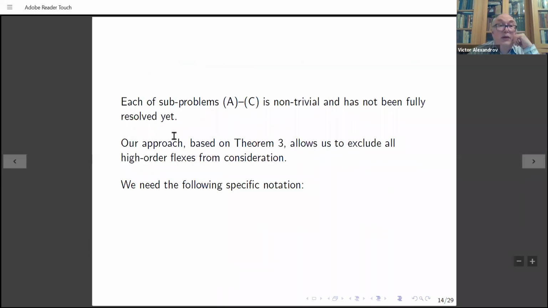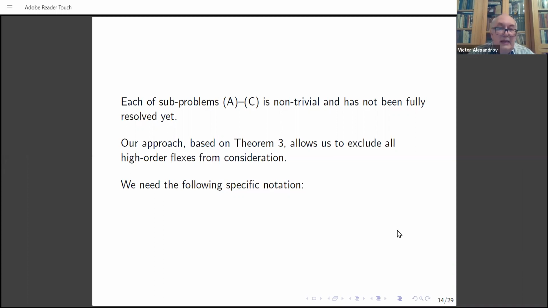Each of sub-problems A, B, and C is non-trivial and has not been fully resolved yet. Our approach based on Theorem 1 allows us to exclude all high-order flexes from consideration. So our approach is much simpler than the traditional one.